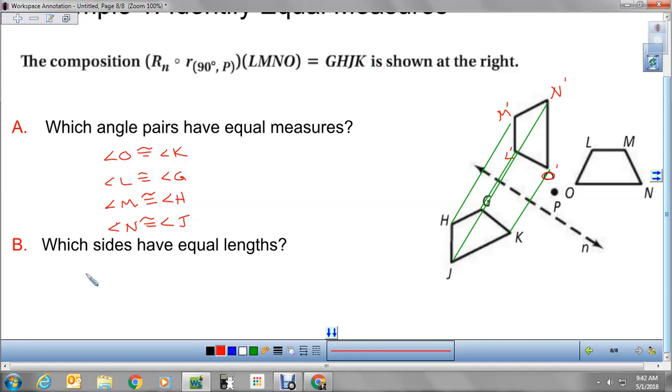So in this case here, if we look at all of our line segments, we know that LM is going to be congruent to GH.